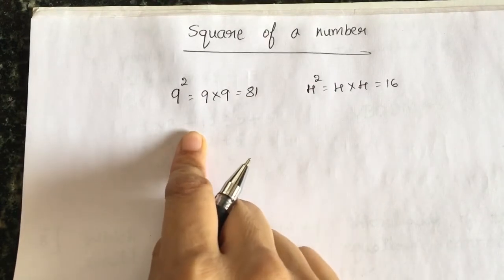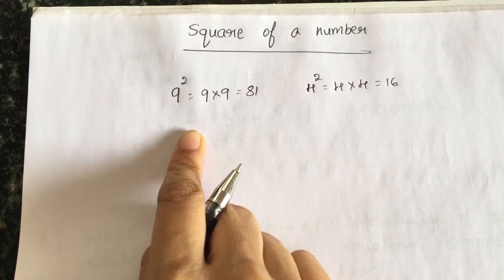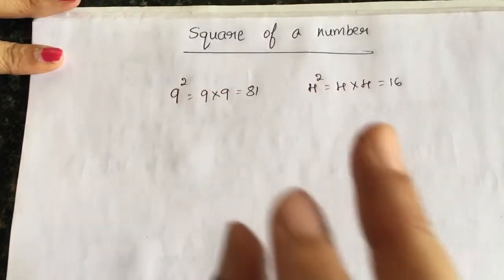Suppose you have a two digit number, and in the first case I'm taking, you have to find the square of a two or three digit number which ends with 5.